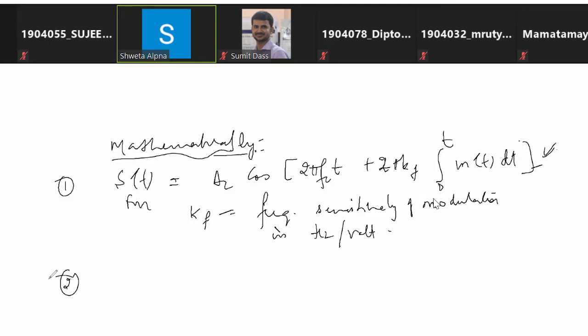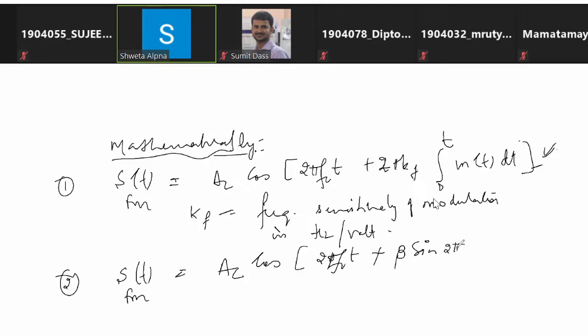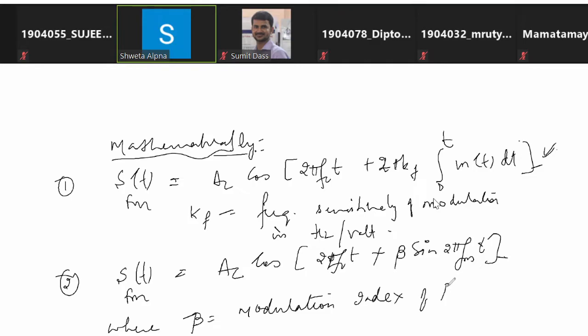The second form of expression of FM, for a single tone message signal, is s(t) = Ac cos(2π fc t + β sin 2π fm t), where β is called the modulation index of the FM signal.